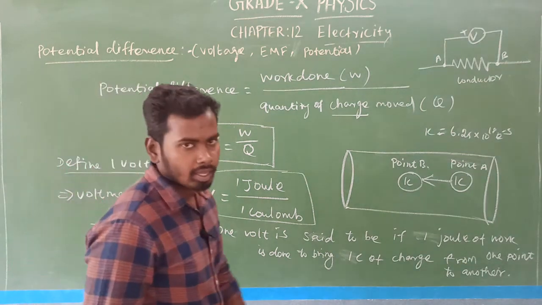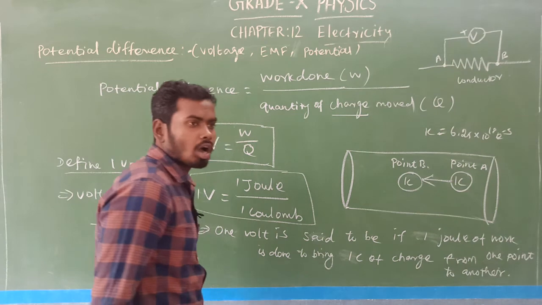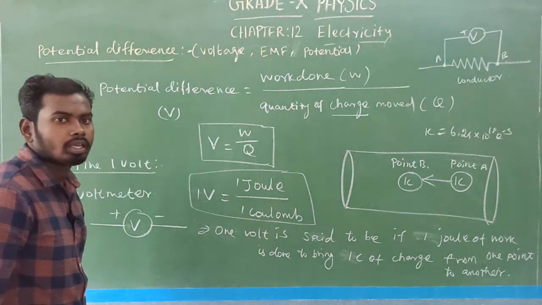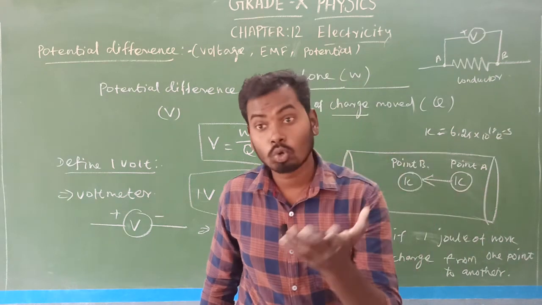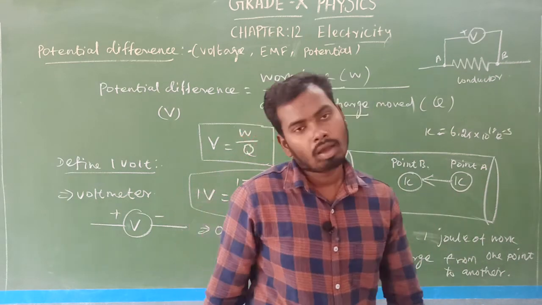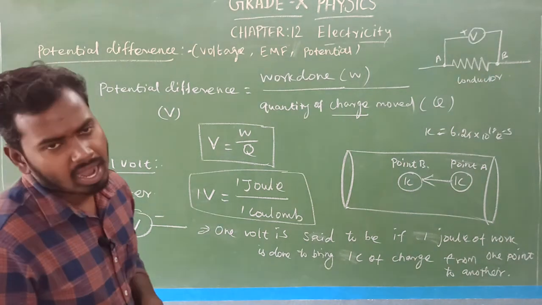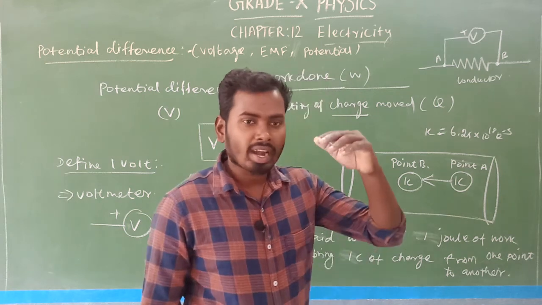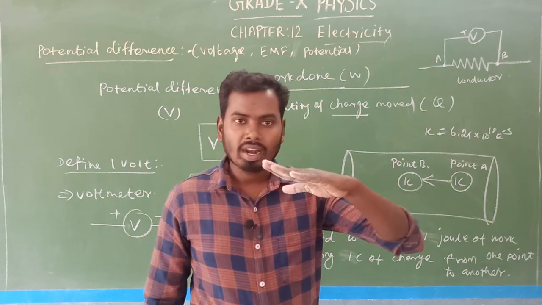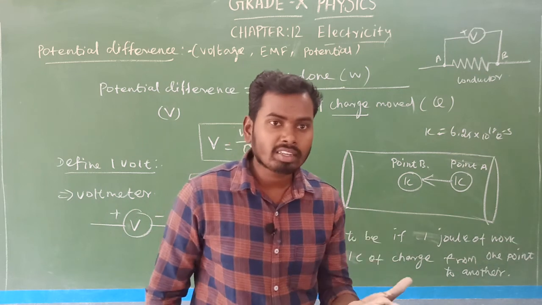Here this voltmeter is always connected in parallel to the two terminals of the conductor. So this voltmeter is parallel to this conductor. It is always connected in parallel to any material where the potential difference is to be calculated. Why? Because the voltmeter has high resistance. If we connect it in series in the electric circuit, it will affect the current flow.